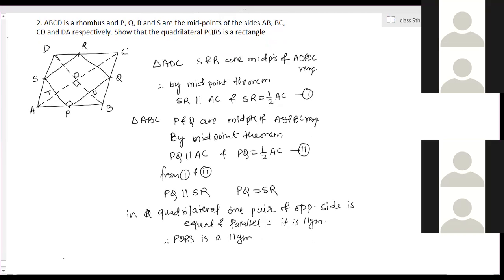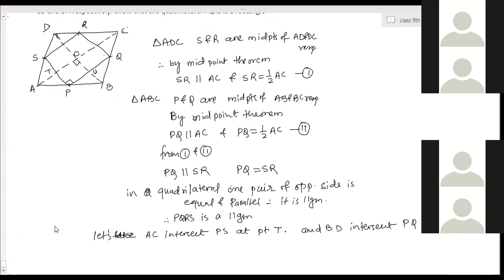Therefore, PQRS is a parallelogram. Now, let AC intersect PS at point T and BD intersect PQ at U. PQ is parallel to AC, therefore PU is parallel to TO.